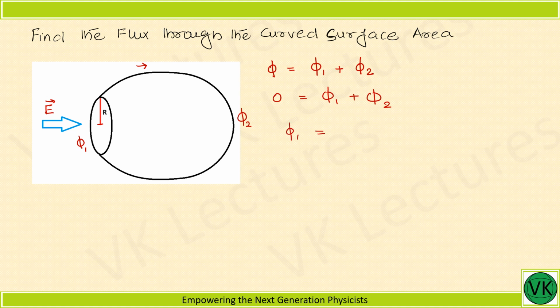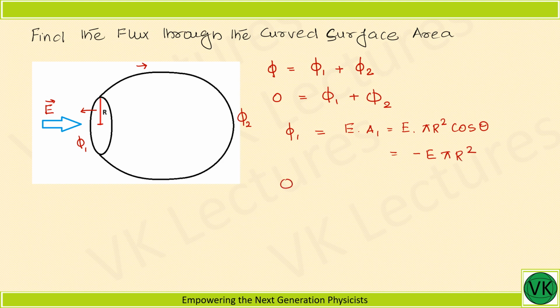Phi 1 is equal to E dot A1, that is E times pi capital R squared into cos theta. The area vector is perpendicular, outwards, so theta is equal to 180, and that is equal to minus E pi R squared.